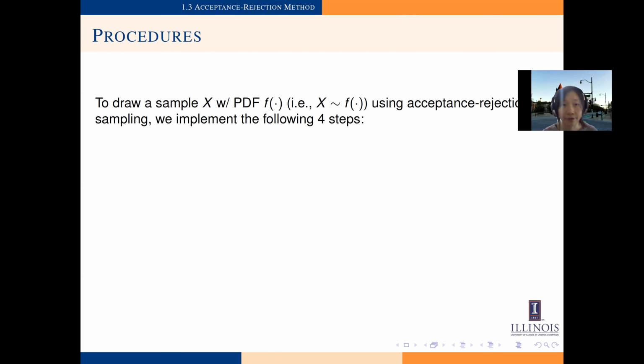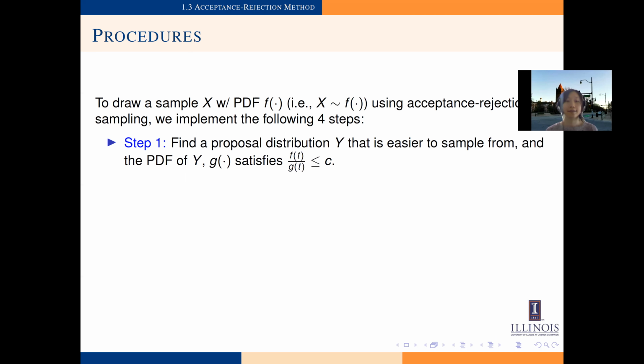To draw random samples X from the PDF f, in other words, X follows the PDF f over here, if we want to draw the sample using acceptance rejection sampling, then we can implement the following 4 steps. Step 1 is finding a proposal distribution Y that is easier to sample from. So instead of sampling from X, subsequently we'll be sampling from Y. So we want to find a Y that we can directly or easily sample from.